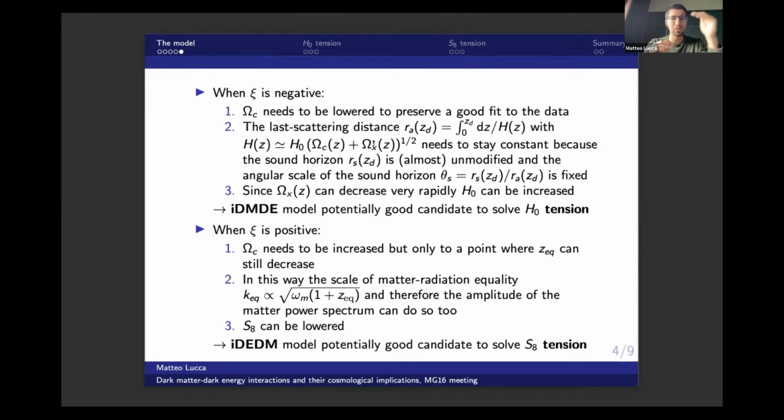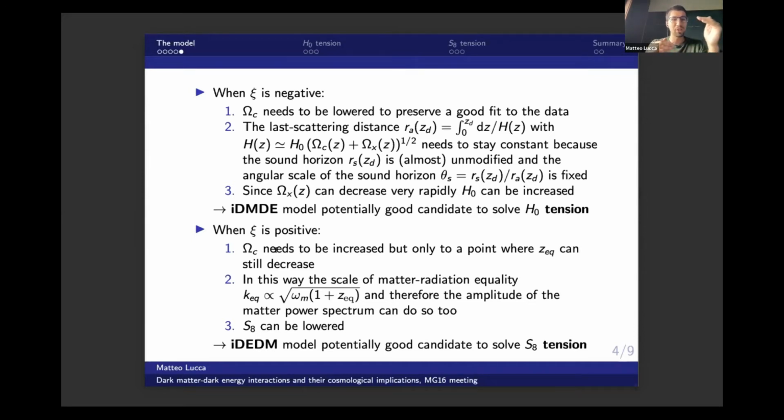So you can increase Xi, compensate for the increase of the omega dark matter, but still the dark energy will decrease in the past. And in order to compensate for the dark matter decreasing, you have to increase the H0 value. So in this way, the model allows you to address the Hubble tension. On the other hand, if you assume Xi to be positive, what happens is that you have to kind of do the opposite.